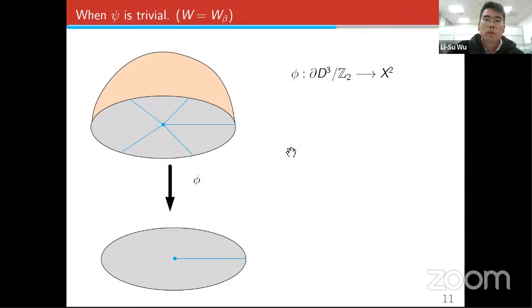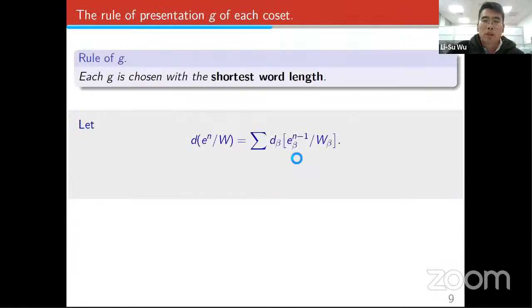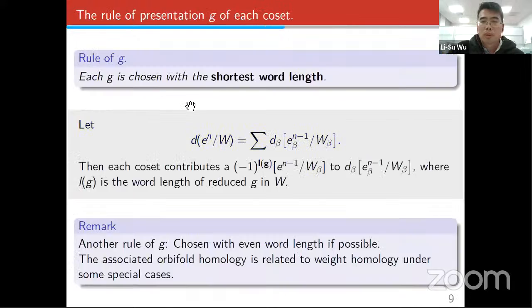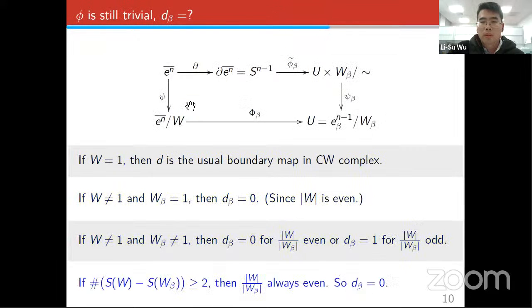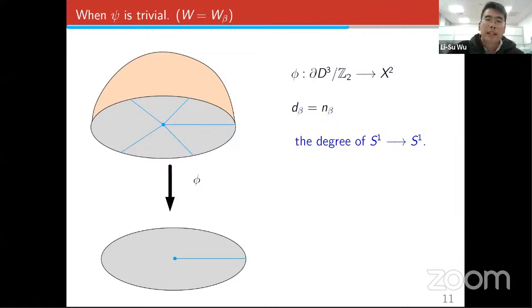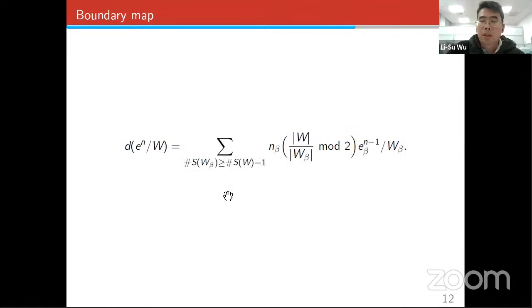So from these two examples, we can get an outlook on our orbifold boundary map. In our orbifold boundary map, n_beta is determined by the attaching map, and this part is determined by the coset map, which reflects the local group.